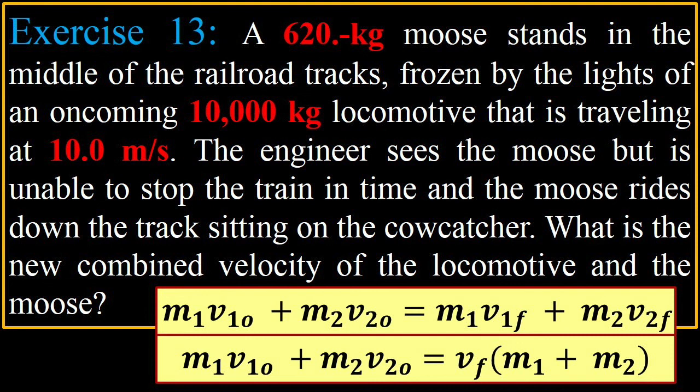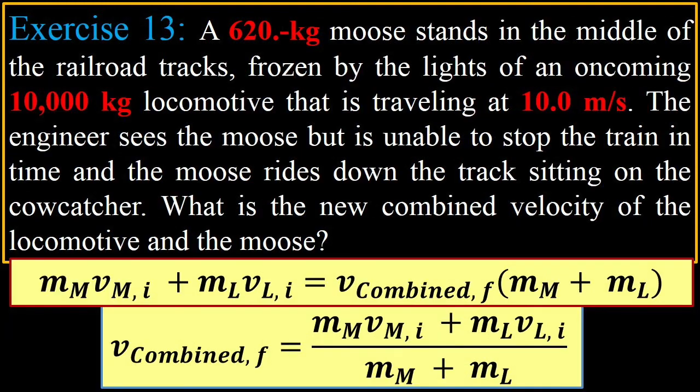Then we want to solve for it, so we're going to divide both sides by the sum of the masses of the train and the moose. Here I've rewritten it with the moose as 1 and the locomotive as 2, with the combined velocity factored out from the sum of the masses of the moose and the locomotive.